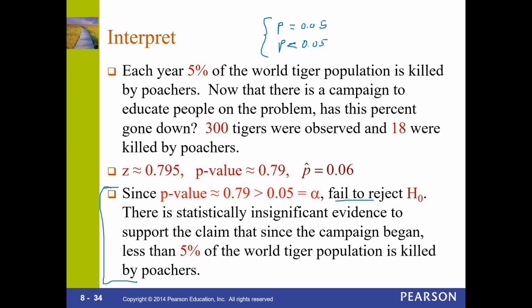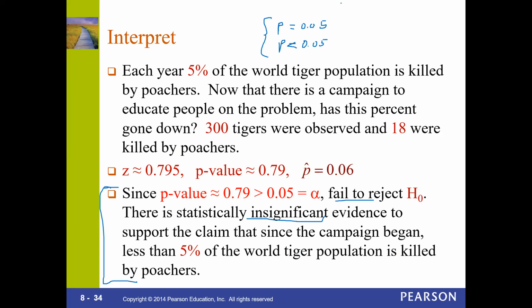Now there is a campaign to educate people on the problem, as this percent goes down. Okay, apparently this one's insignificant evidence. And significant means that there's no evidence at all. Okay. To support the claim that since the campaign began, then it's less than 5% of the world target probability scale.